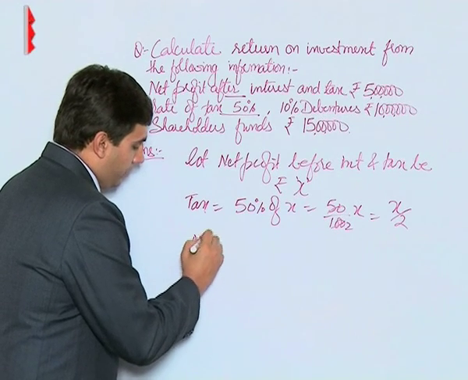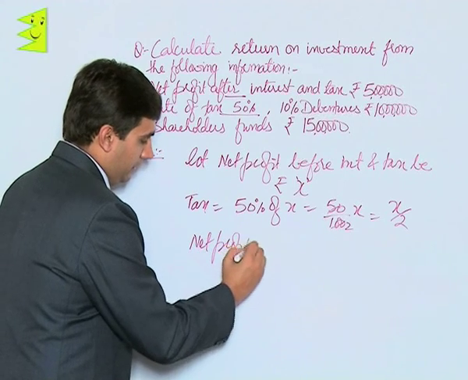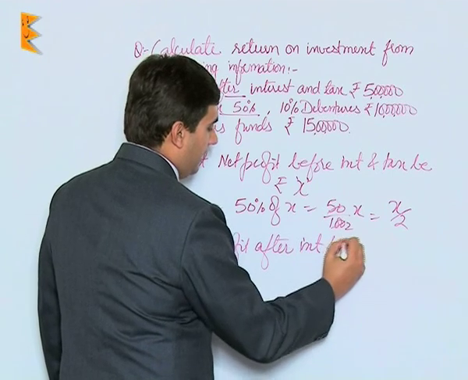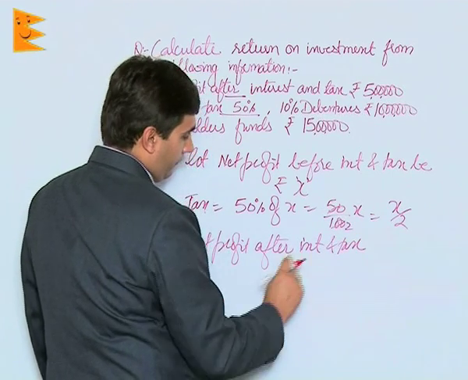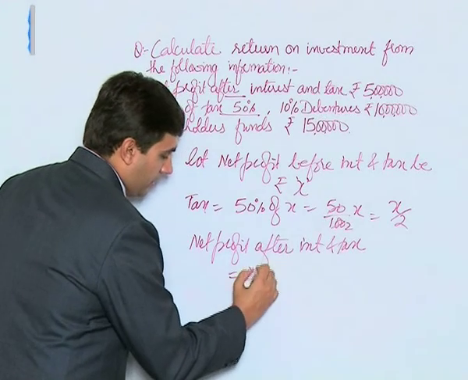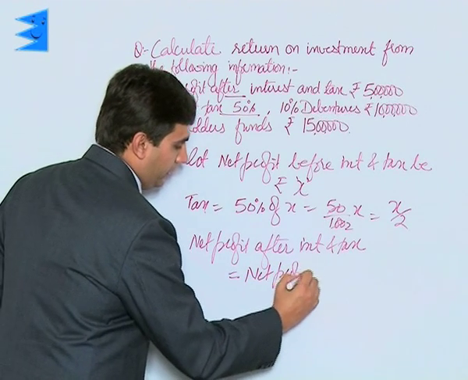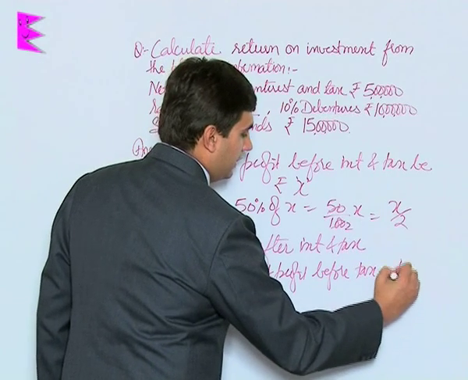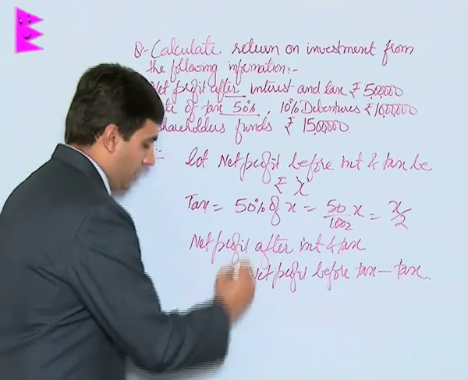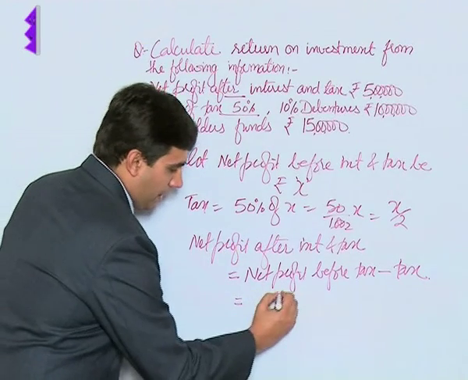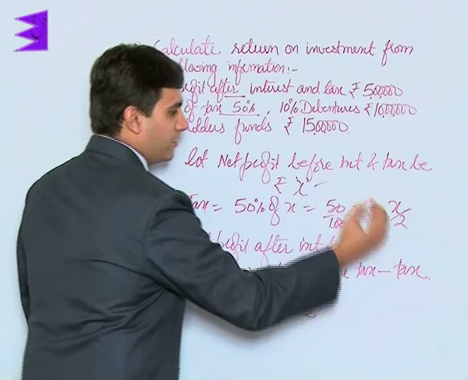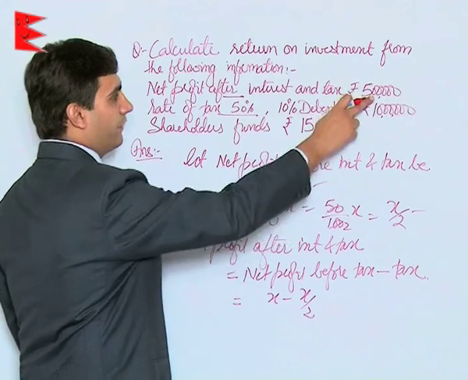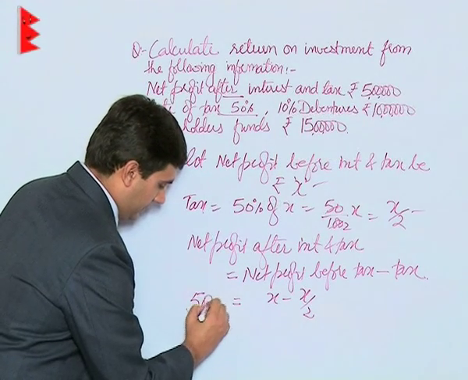Lastly students, net profit after interest and tax is equal to net profit before tax minus tax, which comes to X minus X by 2 as we had assumed and calculated here, and net profit after interest and tax is given to be 5 lakhs.